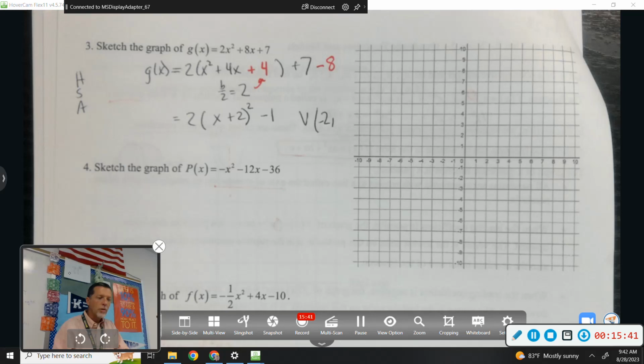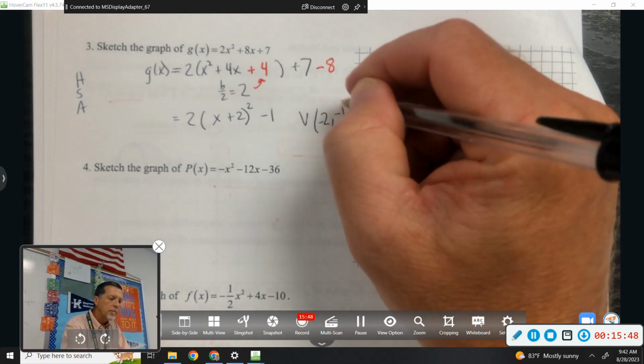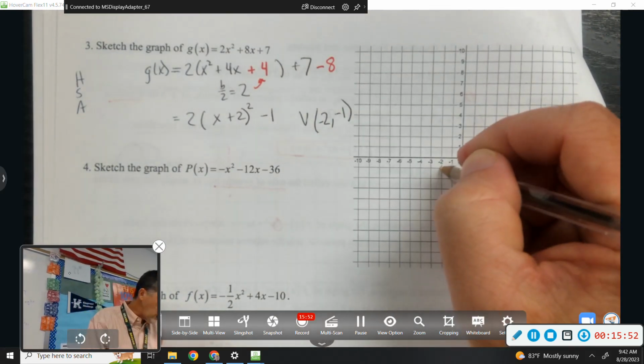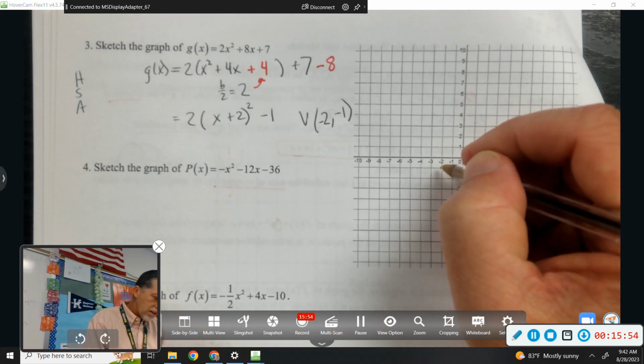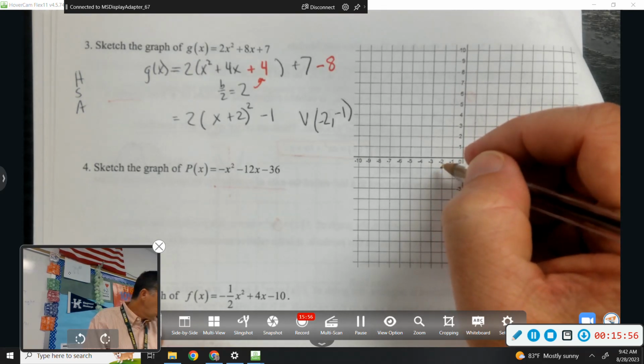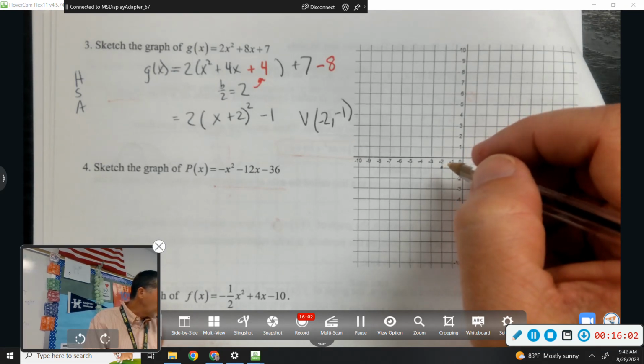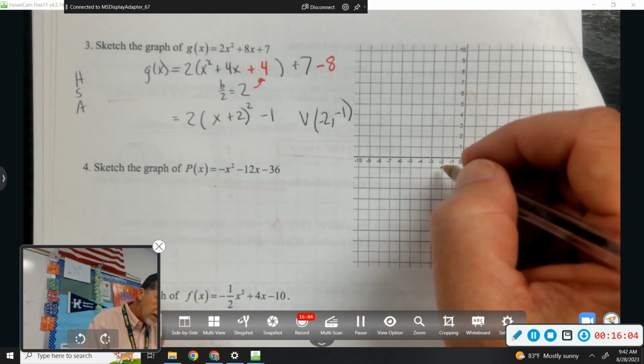And what about the y coordinate? Minus 1. So our vertex is at negative 2, negative 1. Oh, the notes I'm looking at are wrong. That's why this looks weird. Negative 2, negative 1.